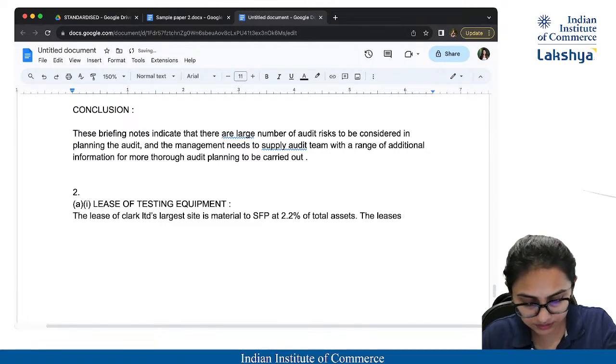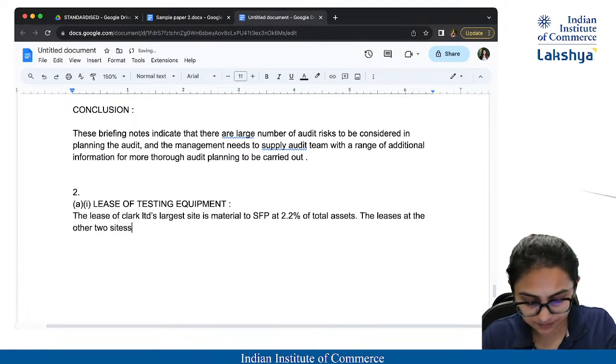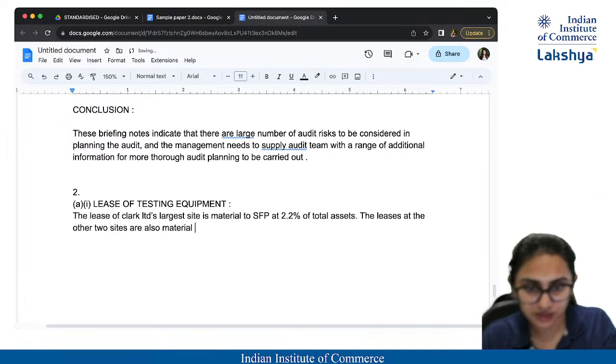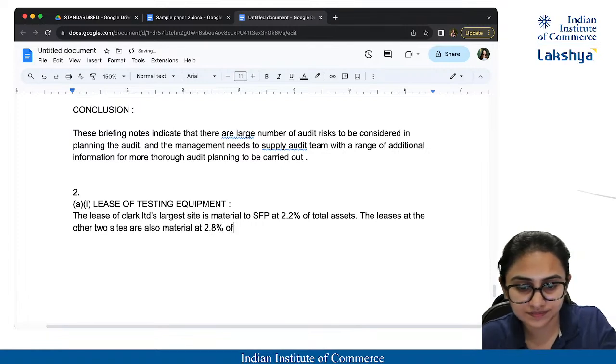The leases at the other two sites are also material, and find out the materiality of that also.